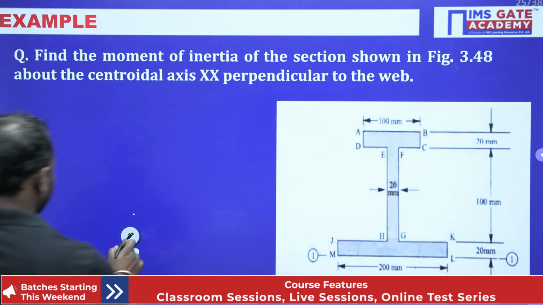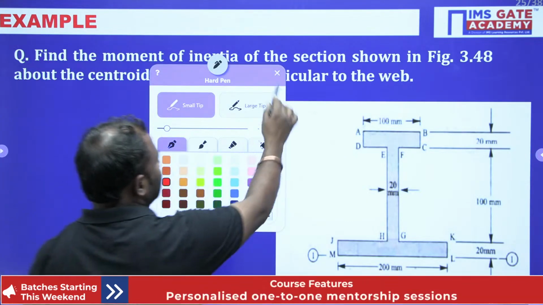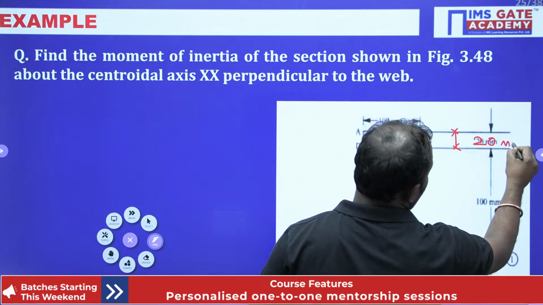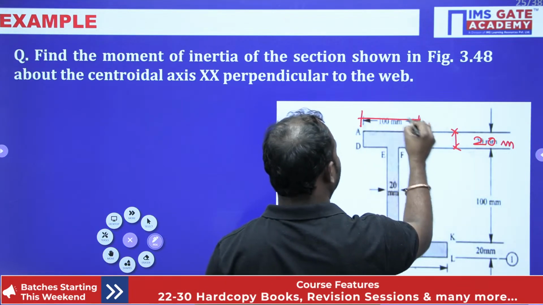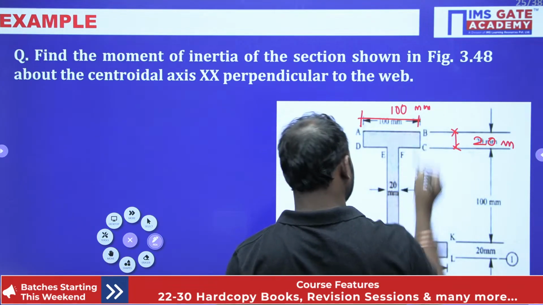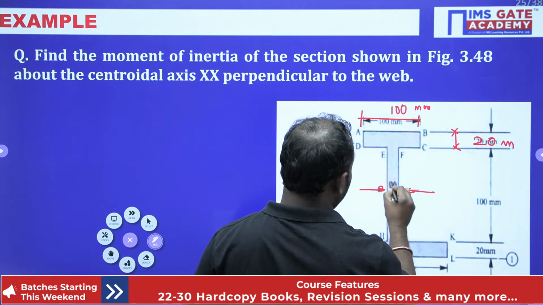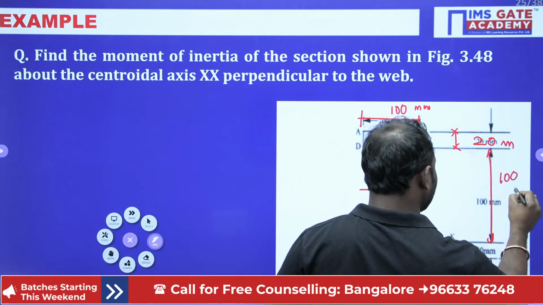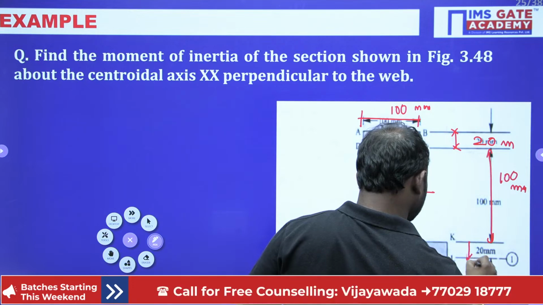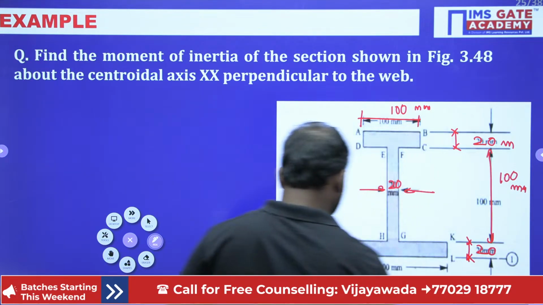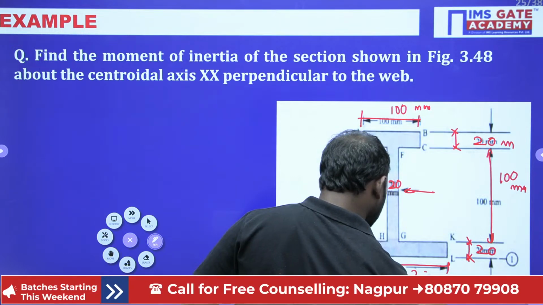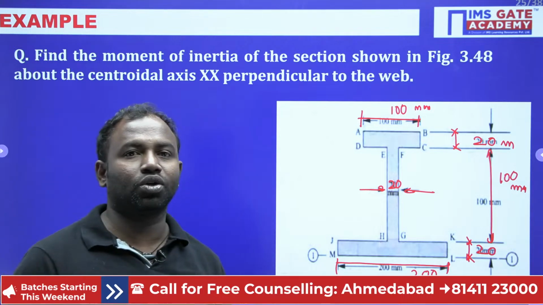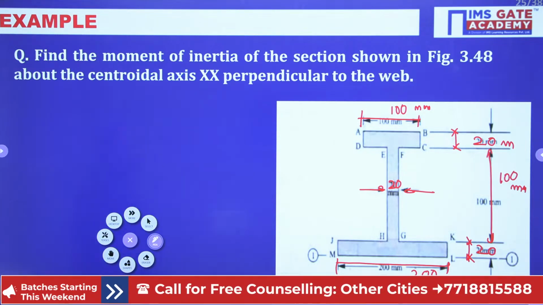Here it is 20 mm, here I guess it is not visible to you, this is 20 mm only, and this is 100 mm only, this is also 20, now this is 100, this is 20, and this is going to be 200. All right guys. Try to solve this, I'll also solve, not an issue. You try for 1 or 2 minutes, then I'll solve.